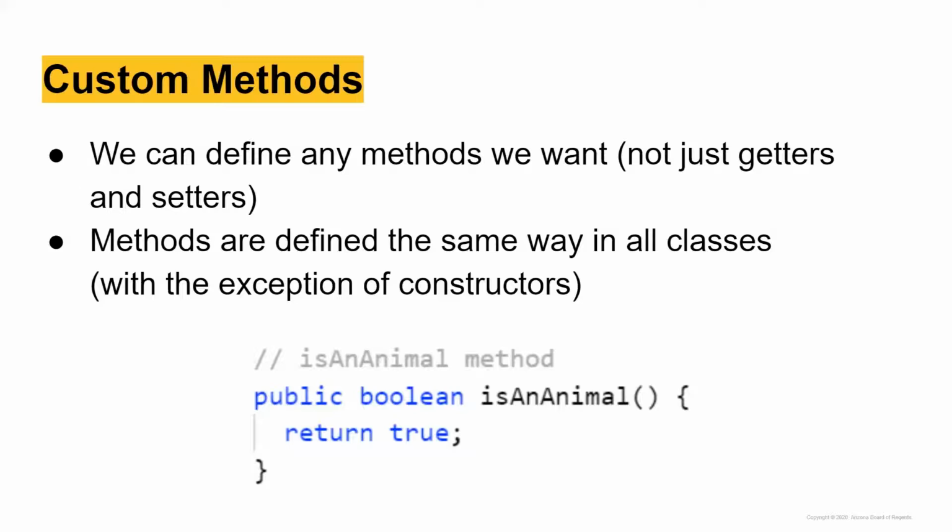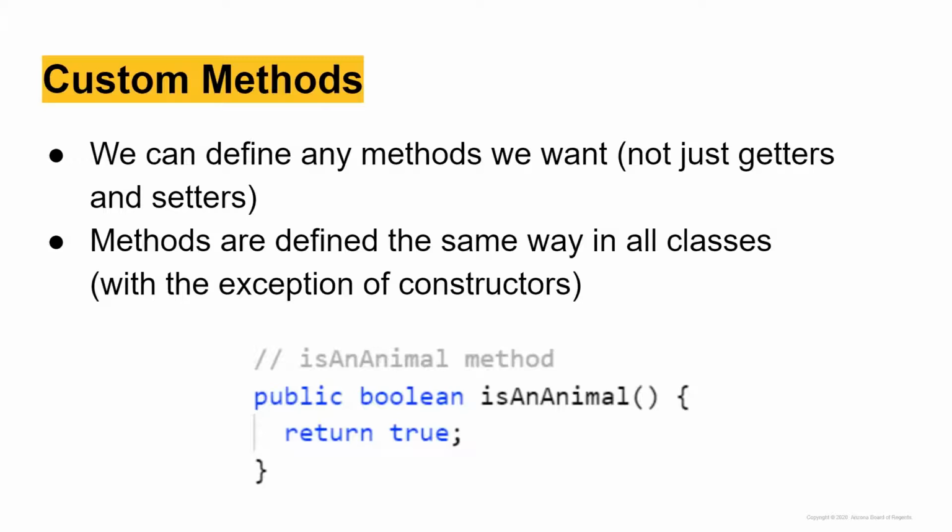But yeah, you're just going to put the access indicator, public, protected, private, then the return type. In this example, it's a boolean, either true or false, and then the method name, which I've called isAnimal. And obviously, the reasoning behind this is just kind of a dumb little example from our class.